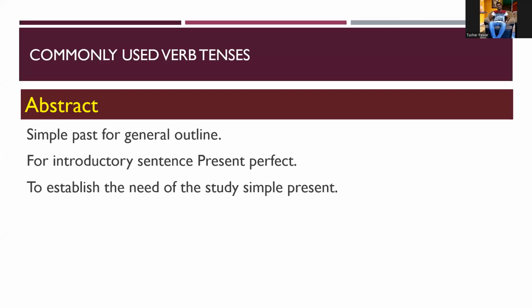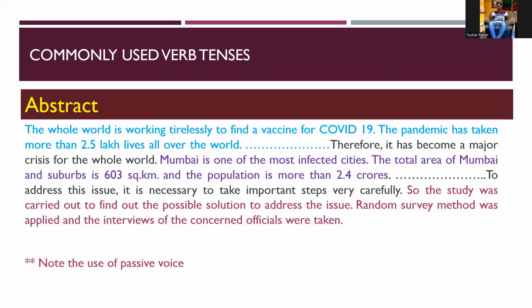Some introductory sentences can be written in present perfect, though not necessarily. And to establish the need of the study, you can use the simple present, simple past, and present perfect. So this is the abstract.